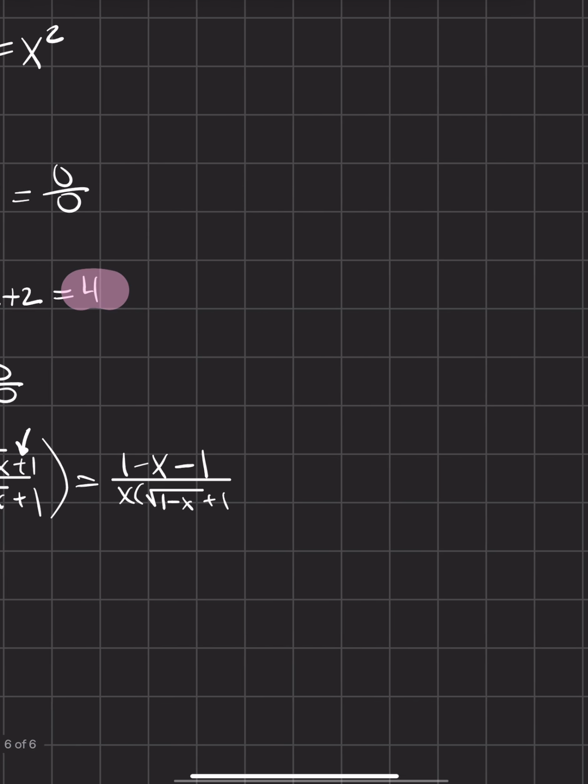And then when we do that, we can see, oh wait, it looks like these ones on the top cancel. So we're left with -x over x times (square root of 1 minus x plus 1).